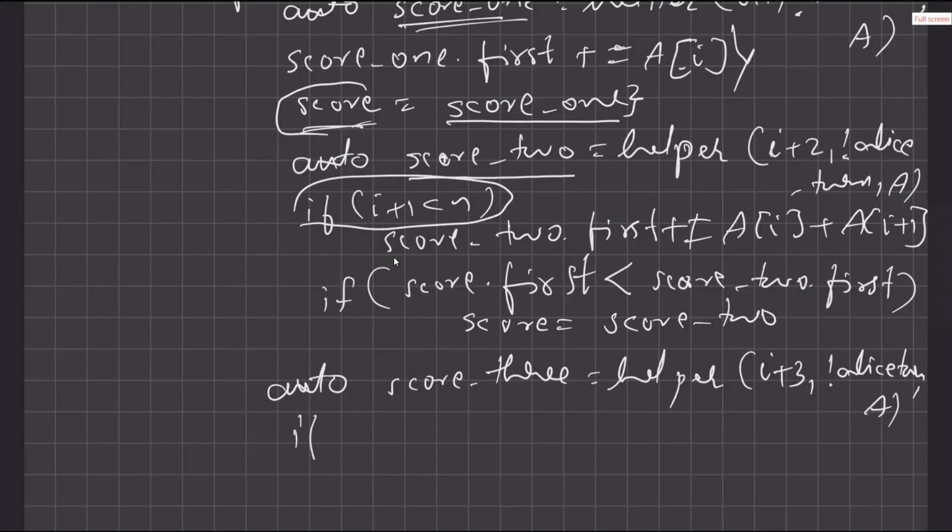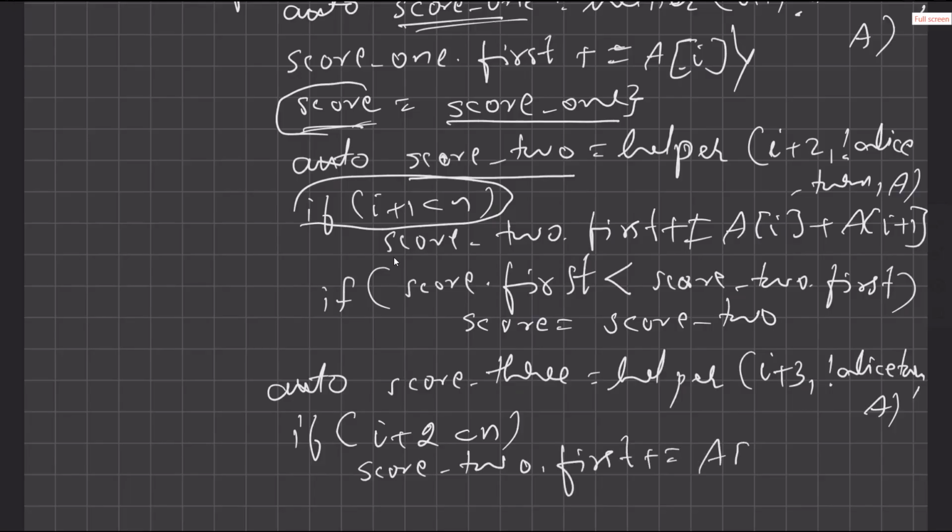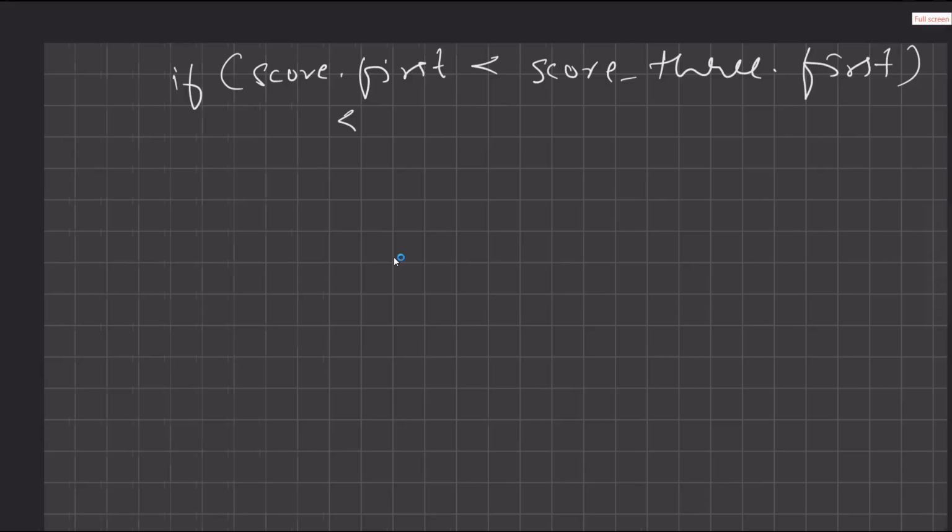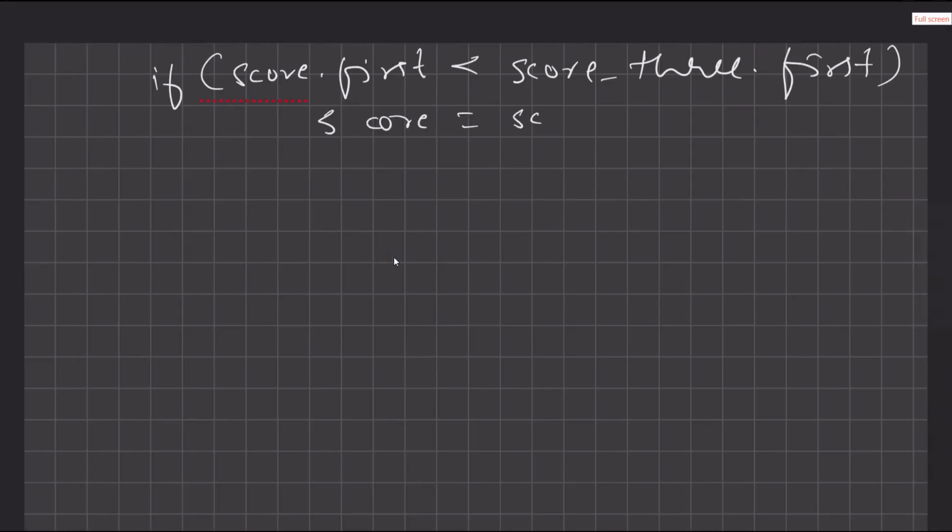Similar thing we'll check if I plus 2 is lesser than n, then in the score 3 dot first we are going to add array of I, the first element, second element plus third element. I think we're understanding. Once we have this, we'll definitely check if score dot first is lesser than score 3 dot first, then our score will lean towards score 3, because after choosing three elements I've got a maximum value.